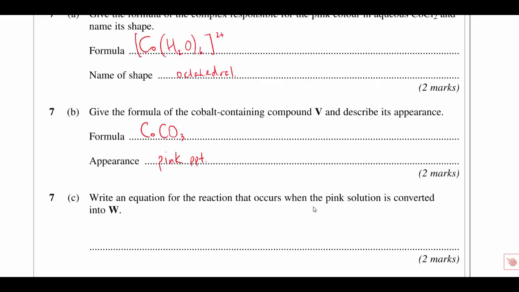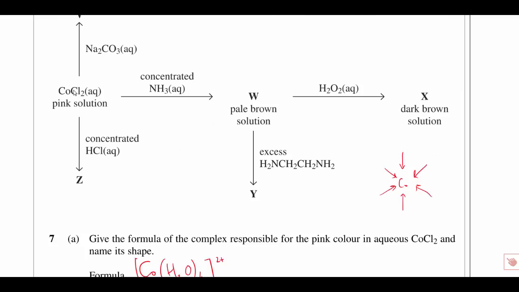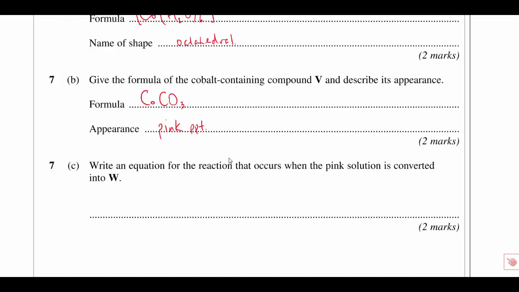Write an equation for the reaction that occurs when the pink solution is converted into W. So we've got cobalt chloride solution as a pink solution becoming a pale brown solution, what I would probably actually call straw. They're calling it pale brown. So the reaction going on there: start with our cobalt, which in this case is still the hexaaqua 2+.